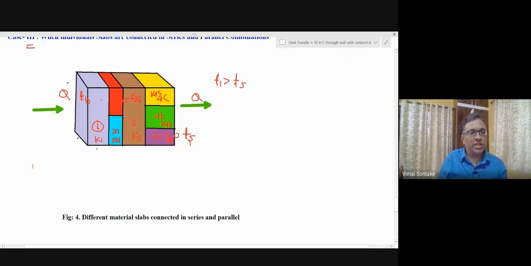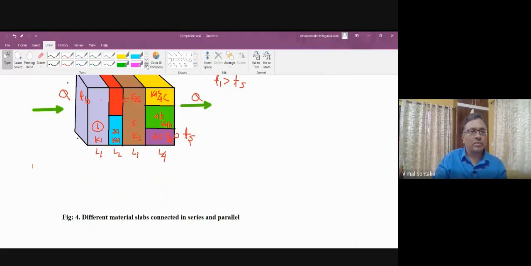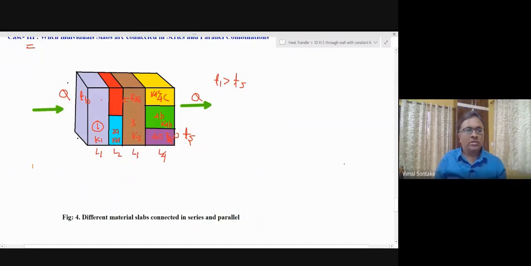Let's say individual thicknesses are L1, L2, L3, and L4. So I want to write down the expression for Q, which is being conducted through this composite wall made up of series and parallel combination of slabs.